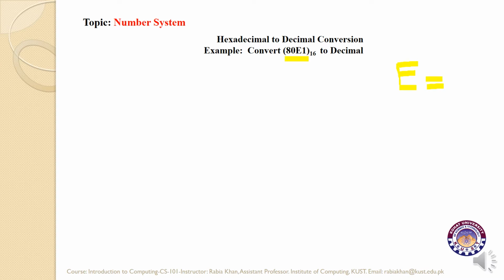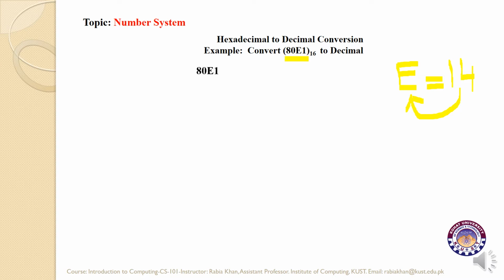As 14 is not a valid single symbol in hexadecimal, it is substituted by the alphabet E. Now the method must be clear to you. Every digit in the given hexadecimal number is multiplied by a power of 16. The power of 16 starts from 0 and the multiplication process moves from right to left.